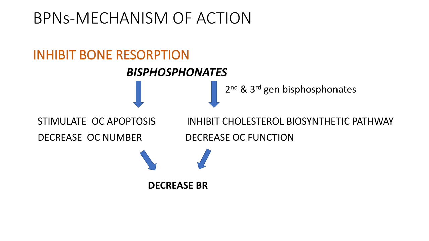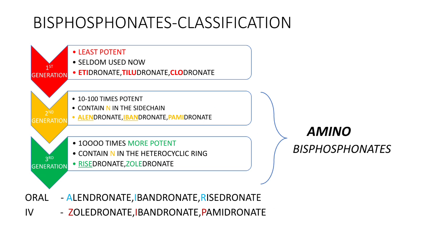Therefore, there is reduced risk of vertebral fractures. Bisphosphonates are classified into three generations: first generation, second generation, and third generation. First generation bisphosphonates are least potent, and third generation bisphosphonates are most potent drugs.